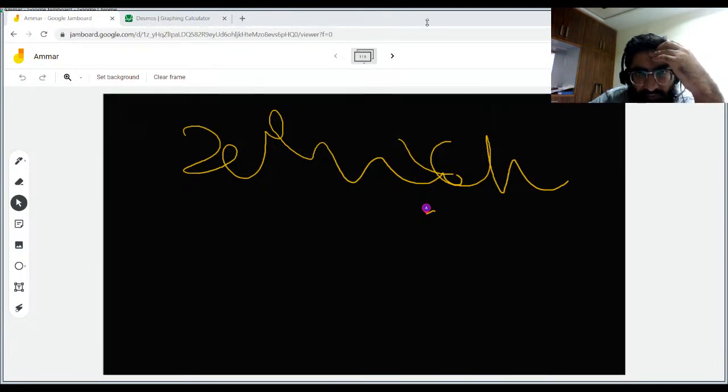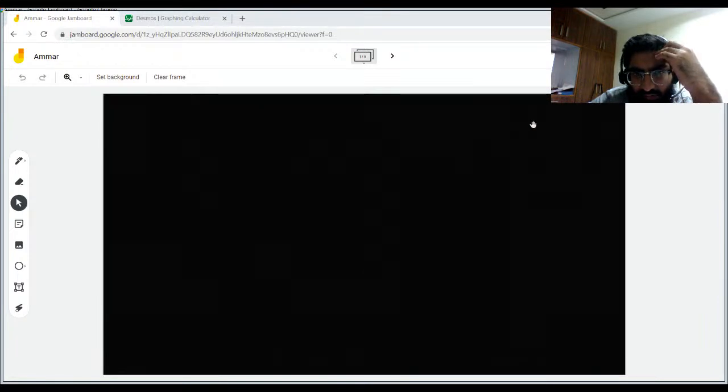Question 3. G of x. 16 minus 8 into 4 is 32. 16 minus 2, 16. So G of 4 is 16.